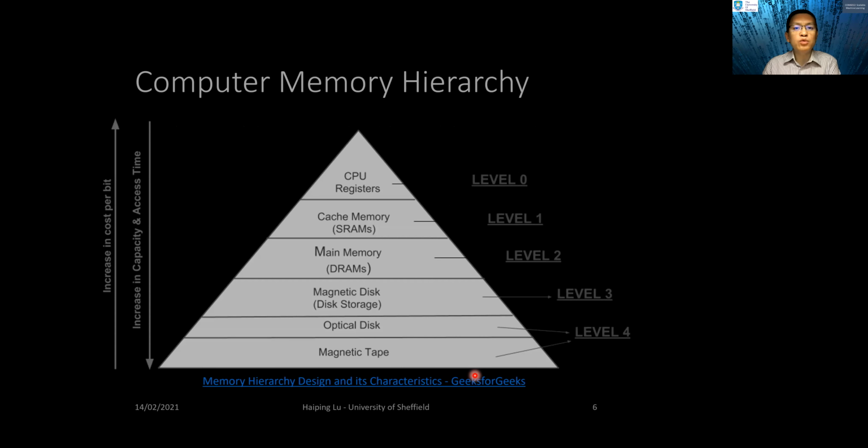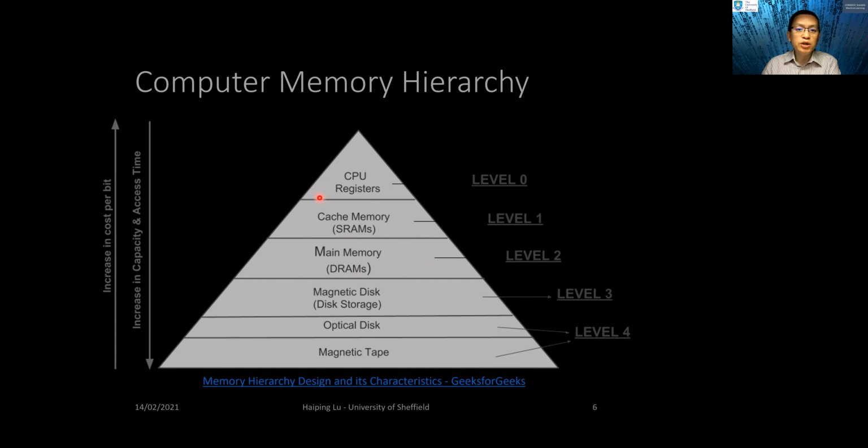To understand why RDD wants to keep the data in memory as much as possible and as long as possible, you need to understand the computer memory hierarchy. So computer memories are organized in this hierarchy. At the top are the CPU registers, right?